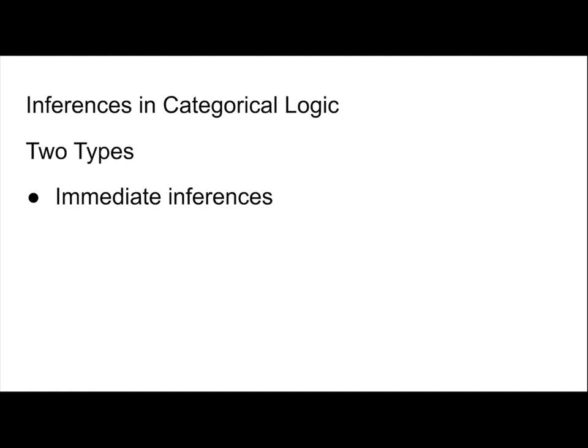On the other hand, we also have mediated inferences, and these we call syllogisms. So a syllogism is an inference that results in a conclusion that is a categorical proposition. In other words, a relationship between two categories, but it turns out that that relationship is mediated by some term that stands in between and passes a relationship through.